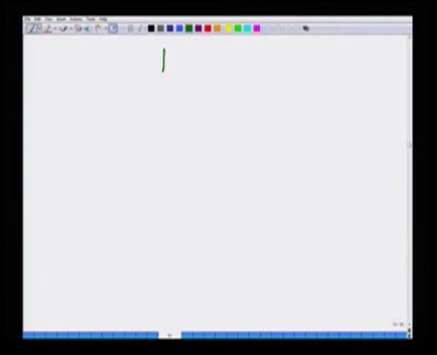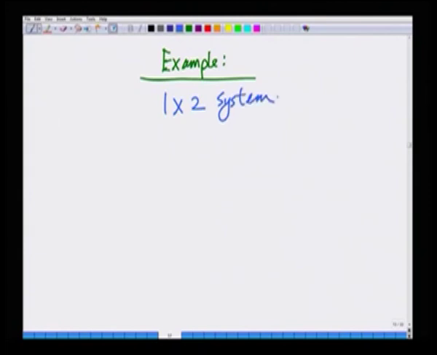Let us take an example of the Alamouti code. I want to consider a 1 cross 2 system given by the following system model, that is y equals 1 plus j.